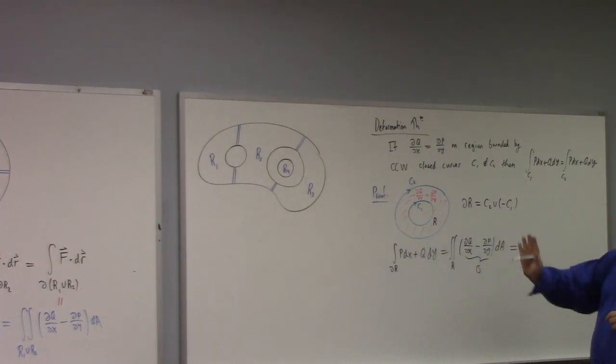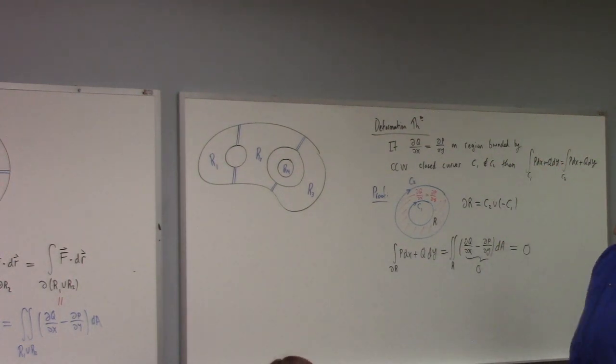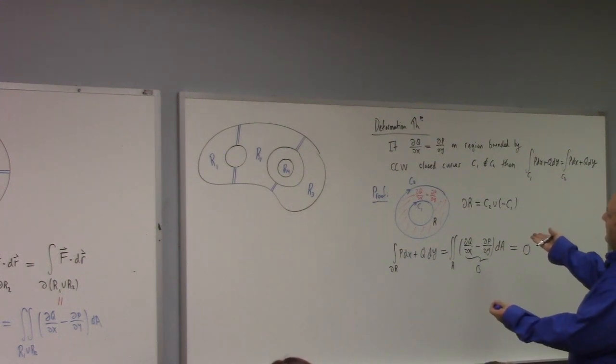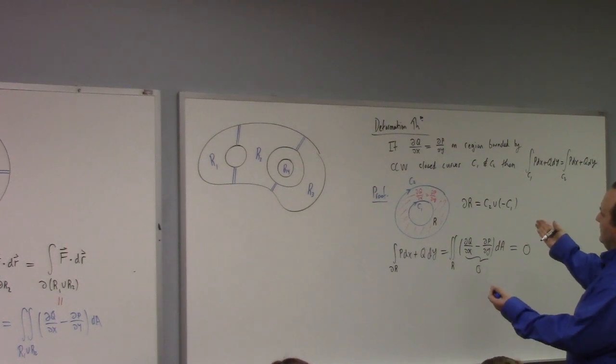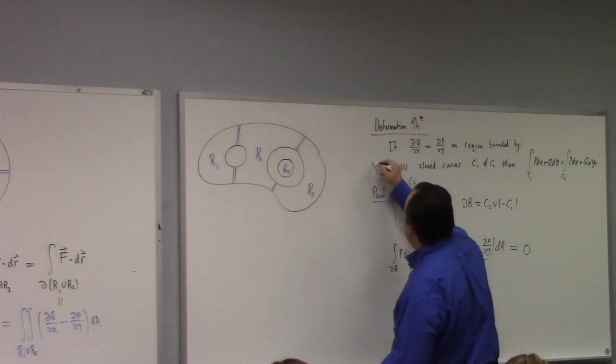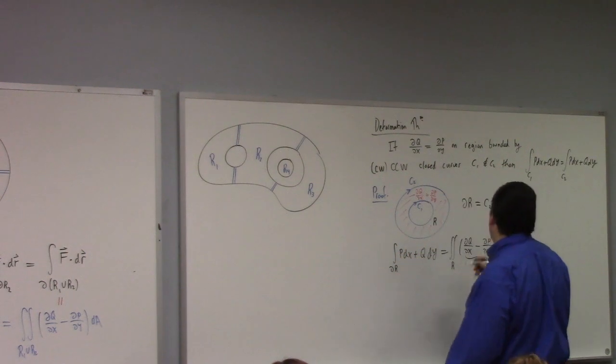Because C2 is, wait a minute. What have I done? Is it clockwise? Have I drawn clockwise or counterclockwise at the moment? Clockwise. Great job. But the truth is that this is true for either clockwise or counterclockwise.